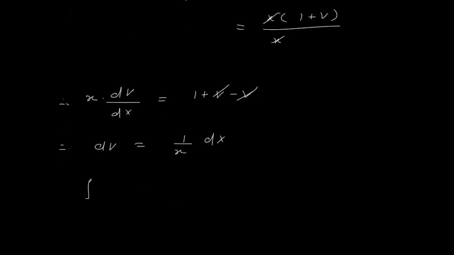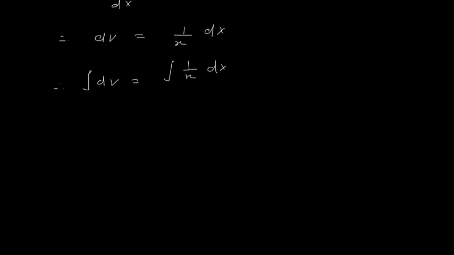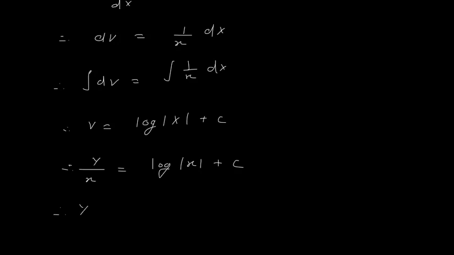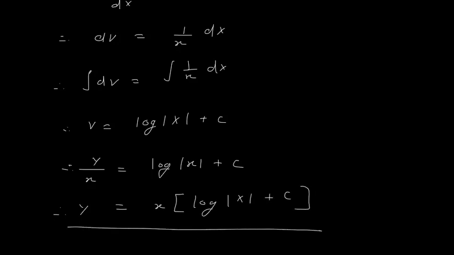Now I will integrate: integration of dv is equal to integration of 1 upon x dx. Therefore v is equal to log x plus c, so y upon x is equal to log x plus c, therefore y is equal to x into, in bracket, log of mod x plus c. So this is the solution of the differential equation.